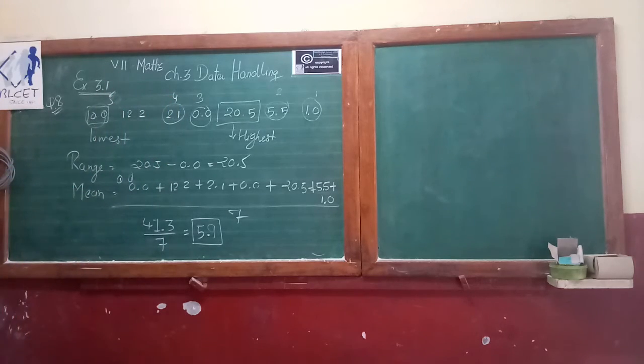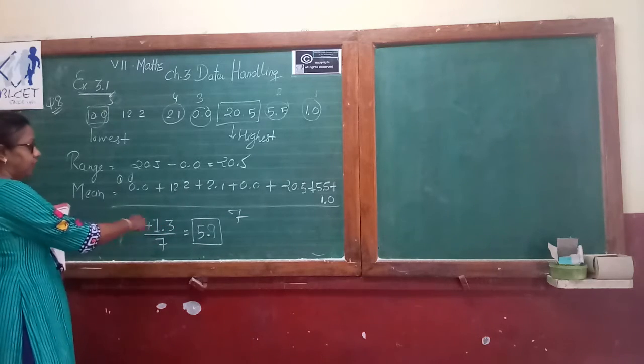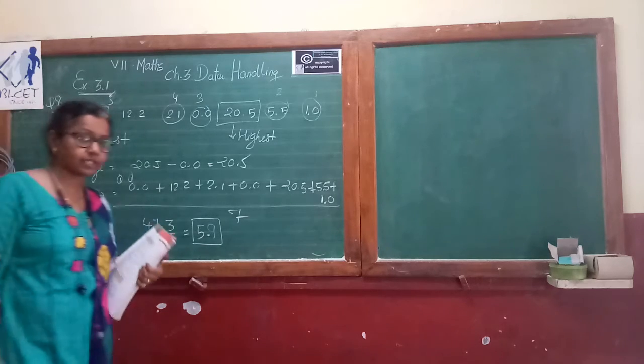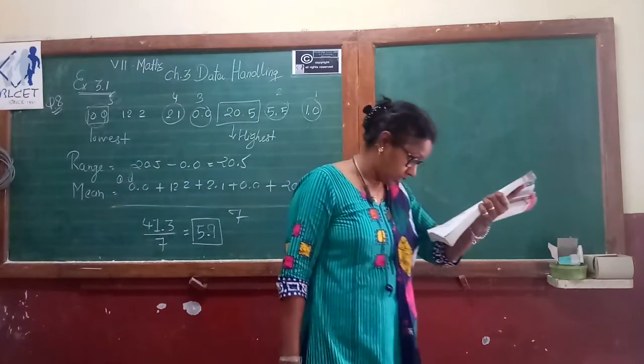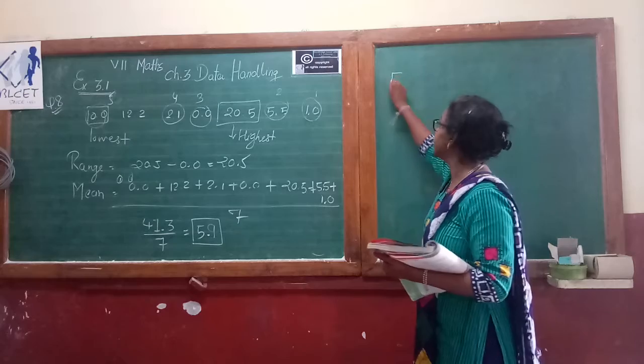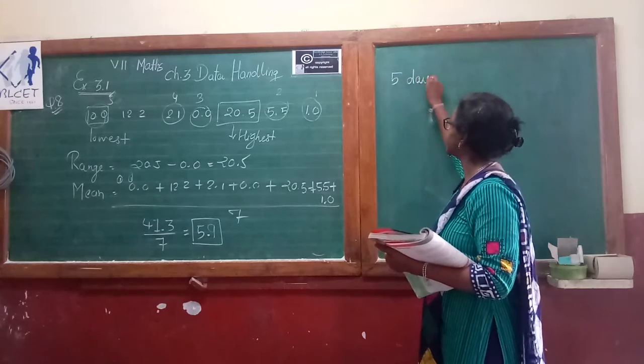So total 5 days are there where the rainfall is less than the mean, that is 5.9. So your answer is 5. 5 days was the rainfall less than the mean rainfall.